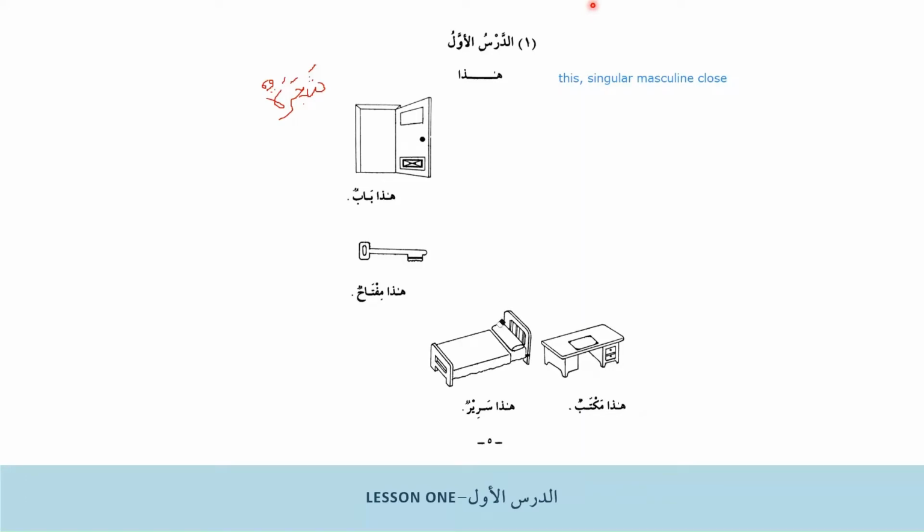Okay. We want to say this is a pen. This is a pen. This word comes in the Quran as well. It's the name of a surah in the Quran. It's one of the first things which was also created by Allah subhanahu wa ta'ala. هذا قلم.